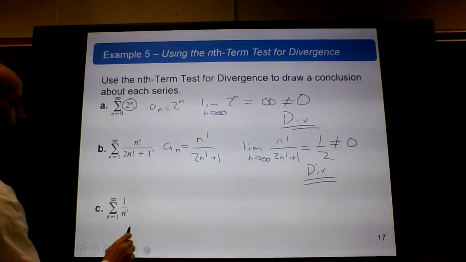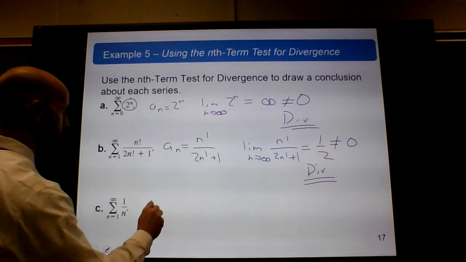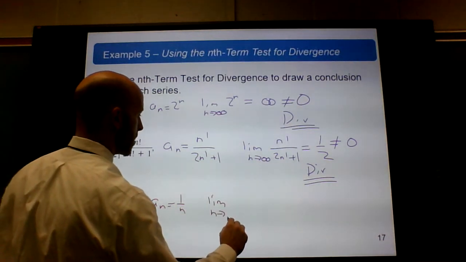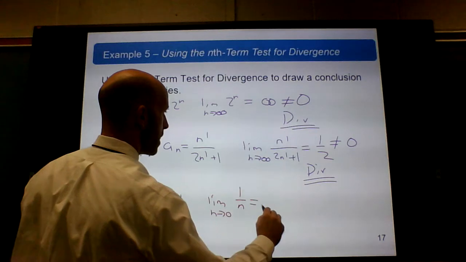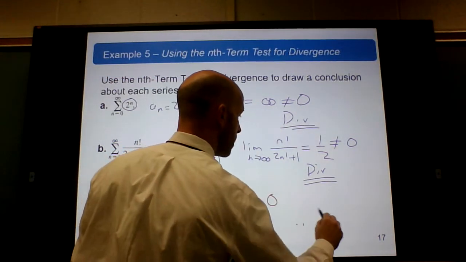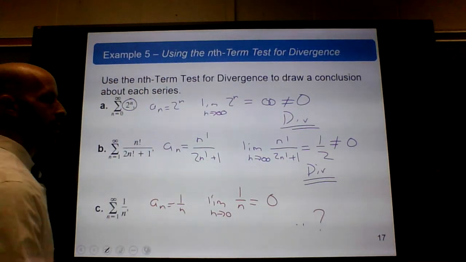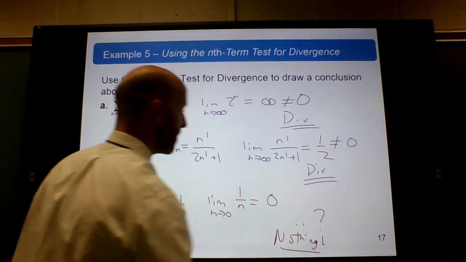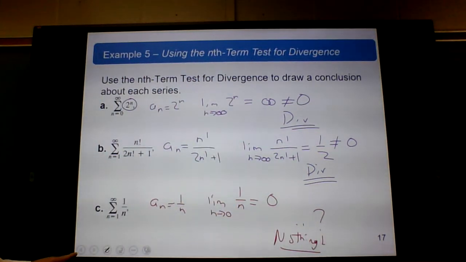And then last but not least, let's do this one in red. A sub n is 1 over n. The limit as n goes to infinity of 1 over n is 0. So what can we conclude? Nothing. So this is where we have to be very careful about this nth term test.